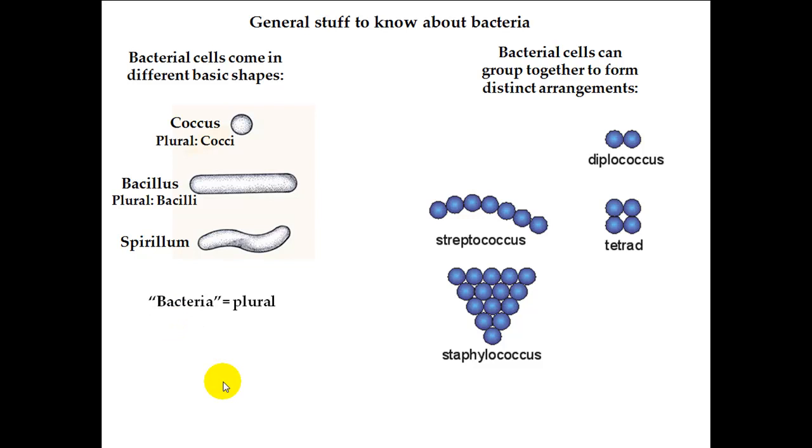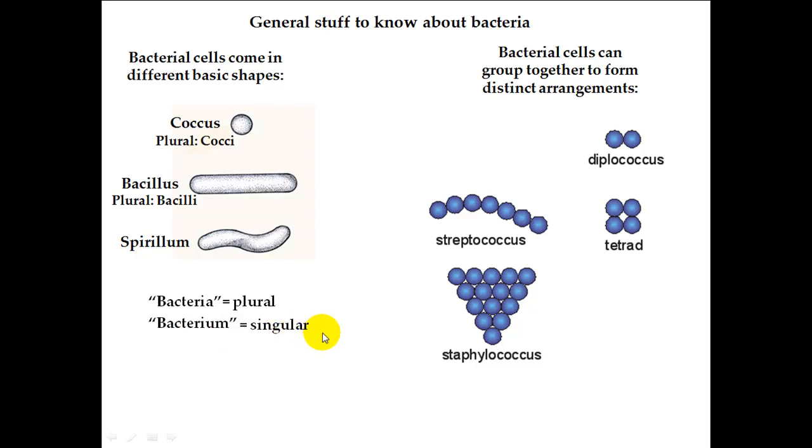If you only have a single bacterial cell that you're looking at, then the word to use is not bacteria, but instead you'd use bacterium. So bacterium is the singular version. You would say that you see a whole bunch of bacteria under the microscope, or if you only see one cell, you would say that I just see a single bacterium under the microscope.